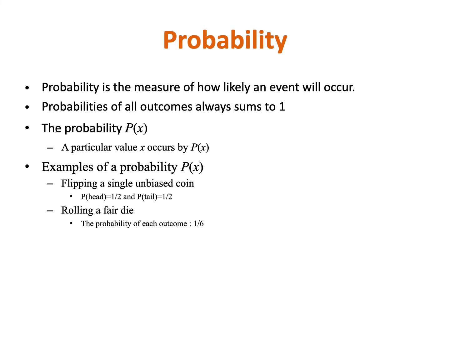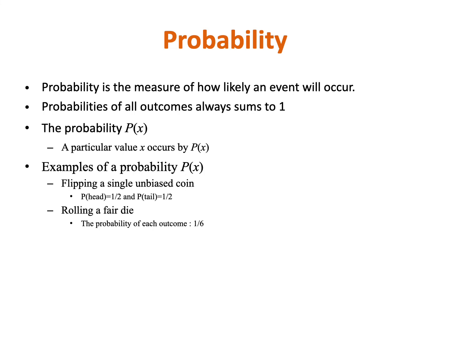The probability of head is 1 by 2, and the probability of tail is also 1 by 2. If we sum these two, the sum will be 1. Similarly, rolling a fair die, we get 6 possible outcomes, and the probability of each outcome is 1 by 6.